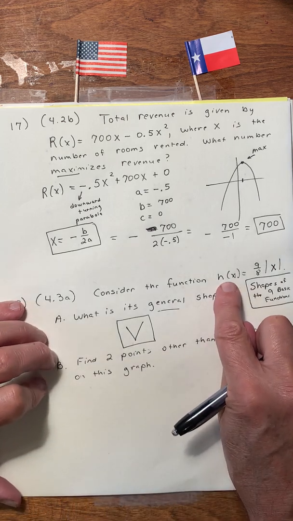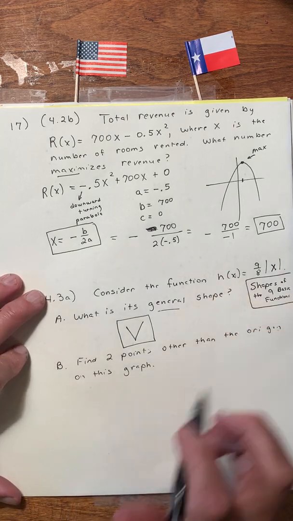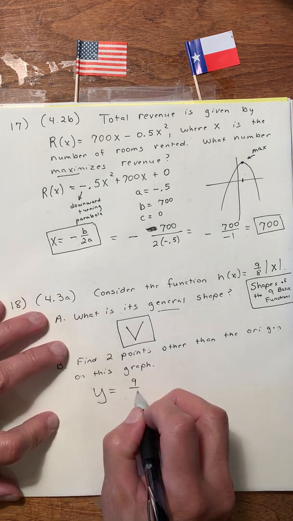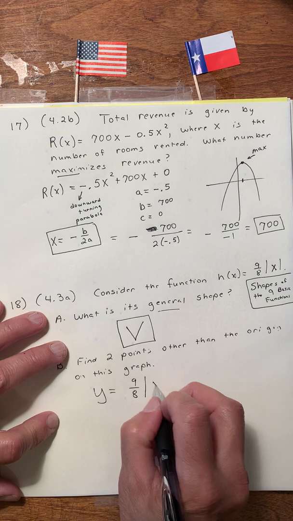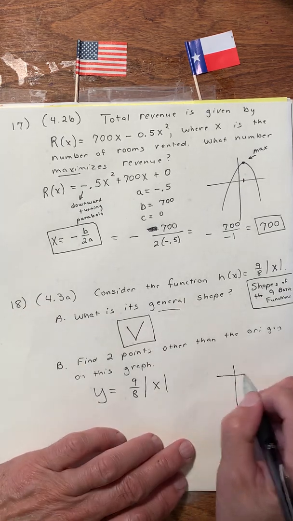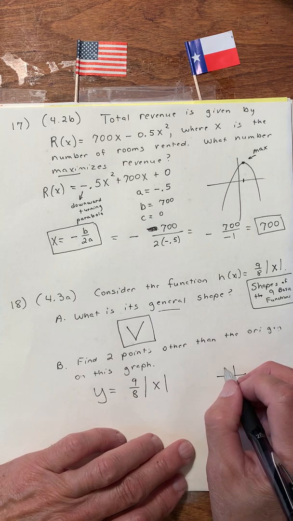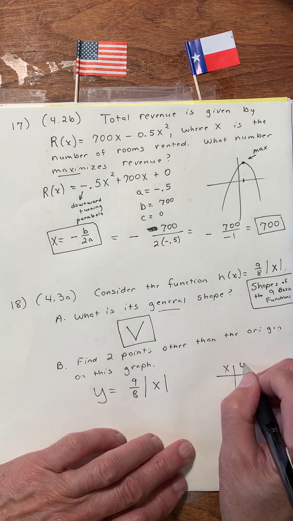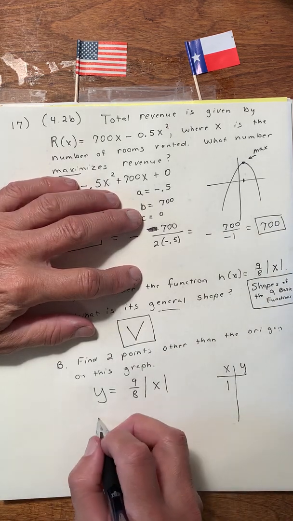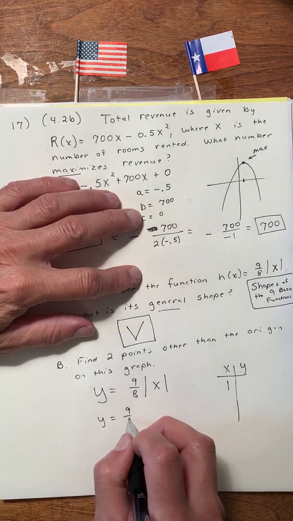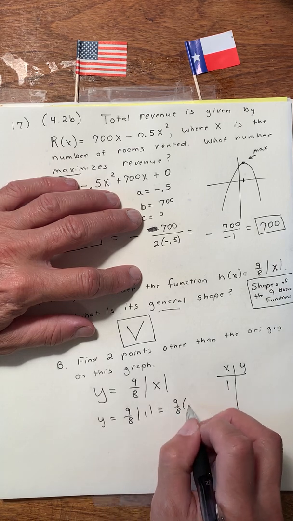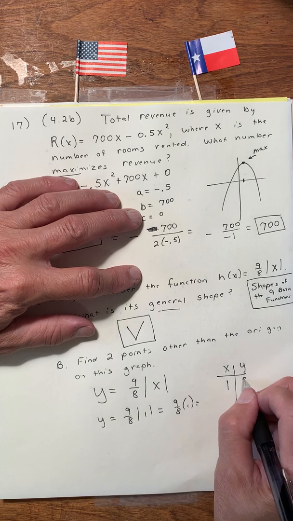All right, find 2 points other than the origin on this particular graph. Again, if I'm looking for points, I'm not going to express it as h of x. I'm going to express it as y equals 9/8 times the absolute value of x. And let's make it simple. Can't choose the origin. Can't choose 0 for x, but I can sure choose 1. Y equals 9/8 times the absolute value of 1, which is 9/8 times 1, which is 9/8.